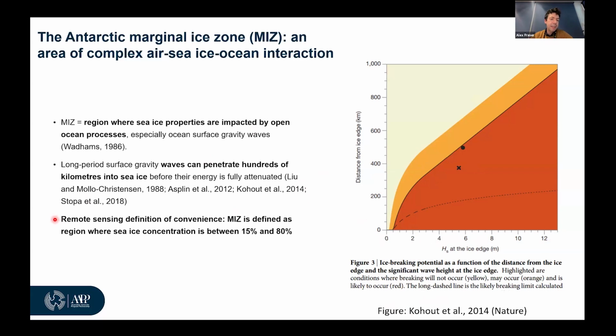The argument that I'm making in this slide is that the remote sensing definition of the MIZ, where concentrations are between 15 and 80%, is just a definition of convenience from a satellite perspective, because there really, especially around Antarctica, is no solid basis for this sea ice concentration interval versus where waves can penetrate in the ice.